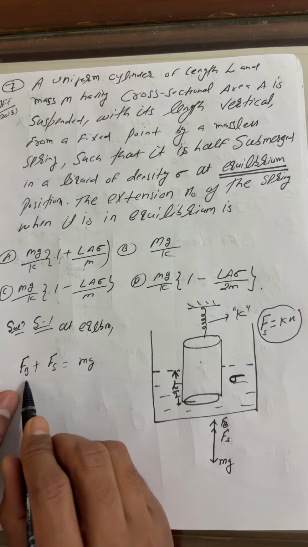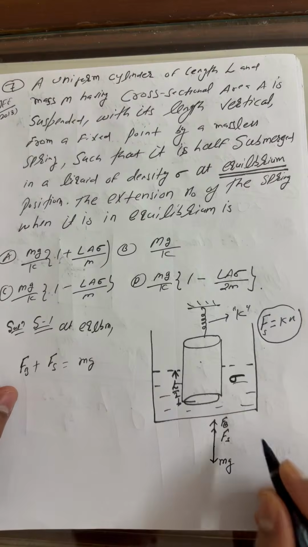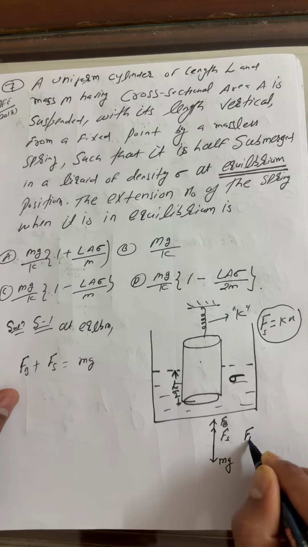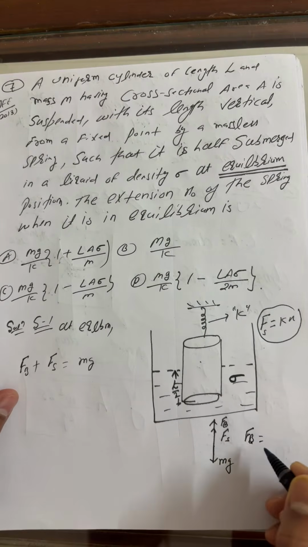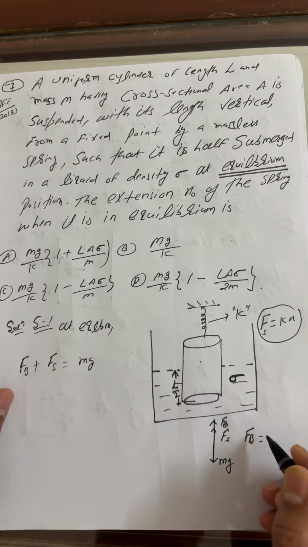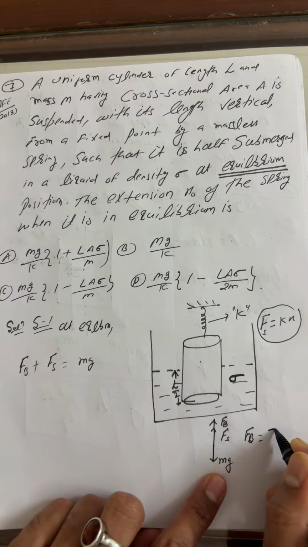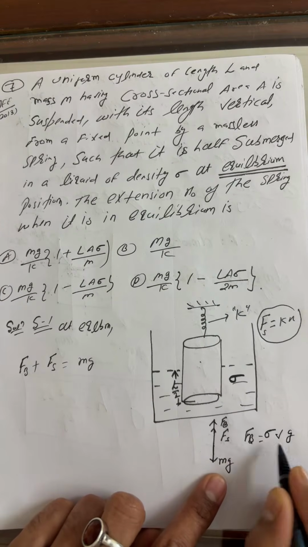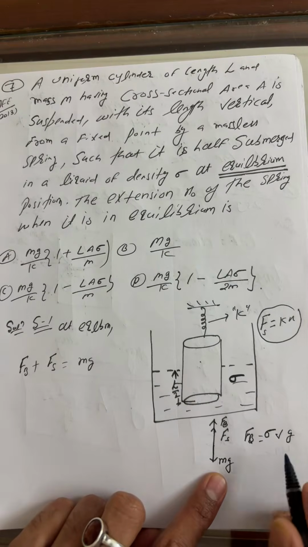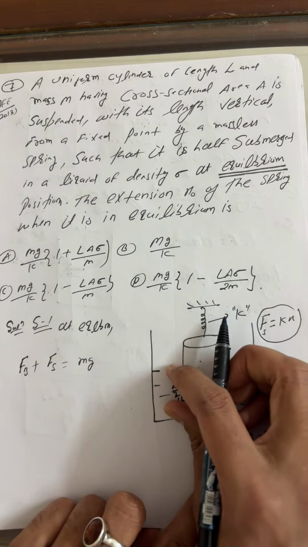So here I'll write the buoyancy force. I hope all of you remember, otherwise again I'm writing. Buoyancy force is rho Vg, here sigma into V into g. V is A, the area of the cylinder, times L by 2, the part under the water.